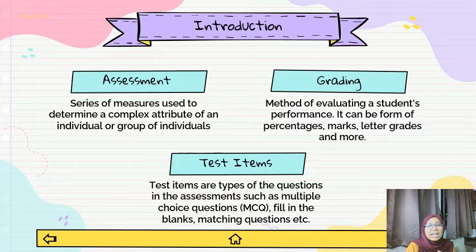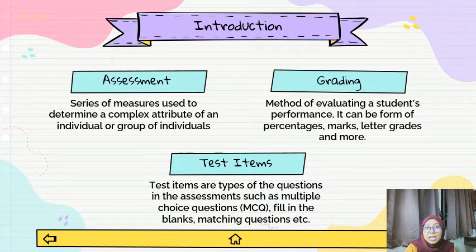For example, I explained to them if they got 70%, that means the grade that they have got is B, right? Something like that.